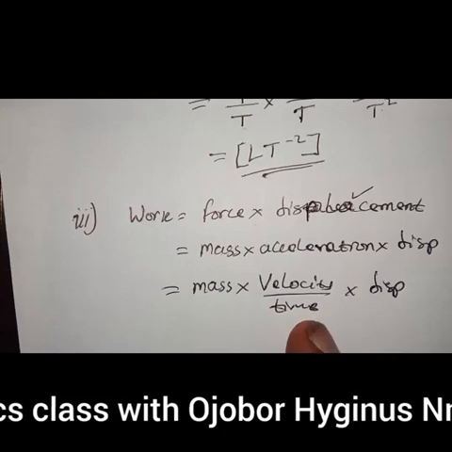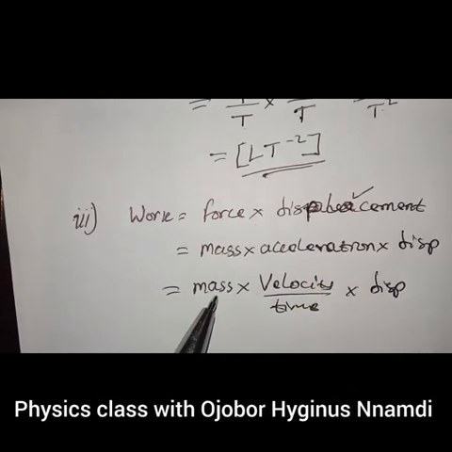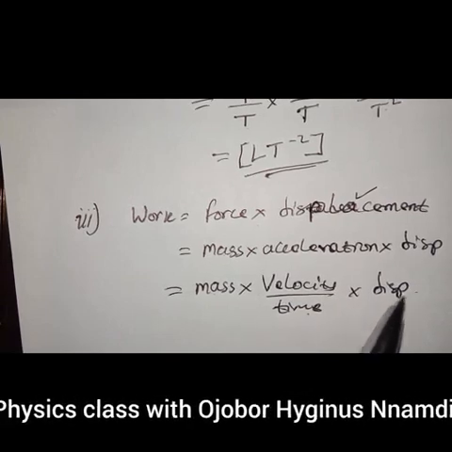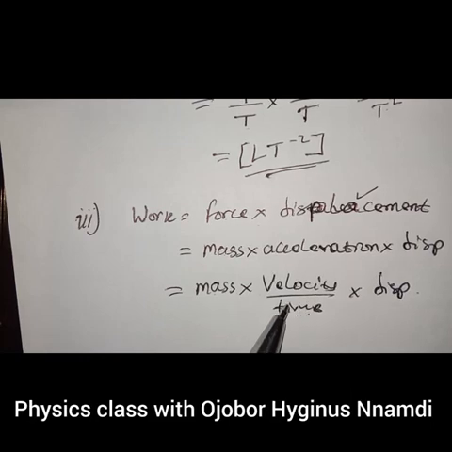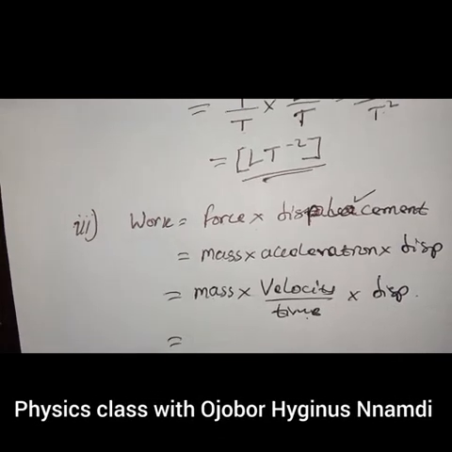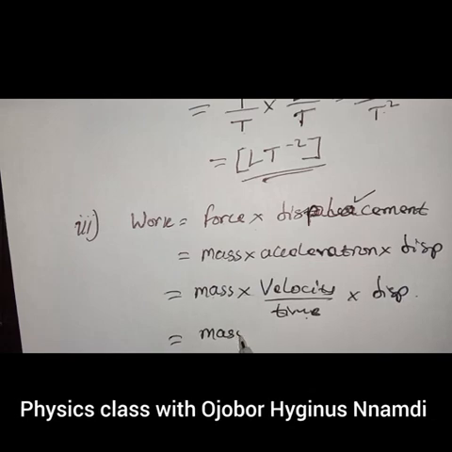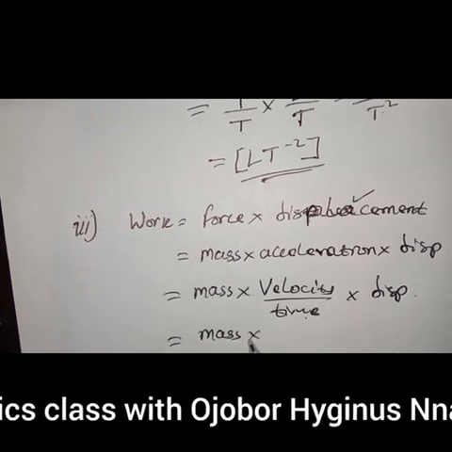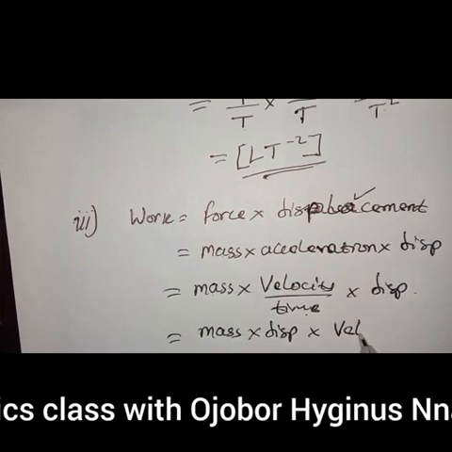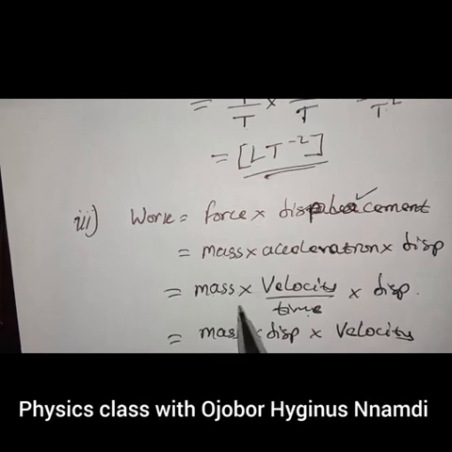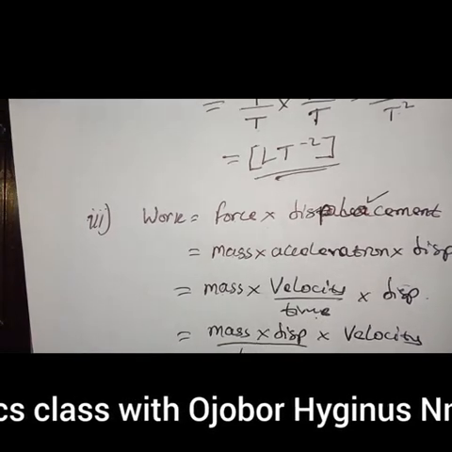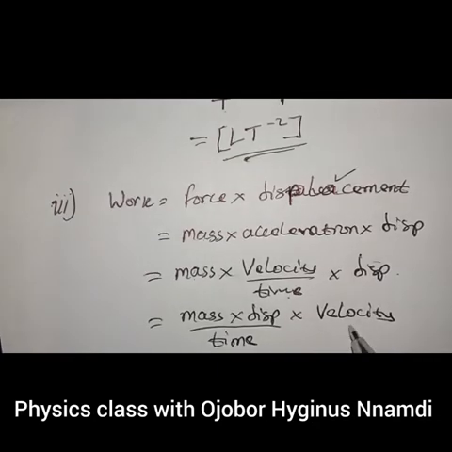Then this time I will move it, because mass is a fundamental quantity, time is a fundamental quantity, displacement is a fundamental quantity. It's only velocity that is not. So I will let velocity be alone. So if I bring this displacement to this, we have mass times displacement times velocity, those that are numerator. Then over time, I can put the time here instead of under velocity because I want to break down this velocity again.